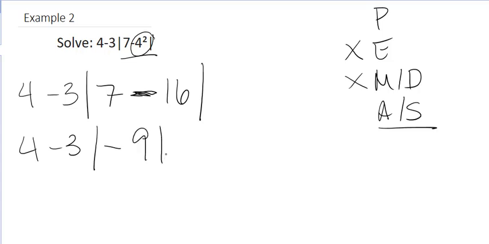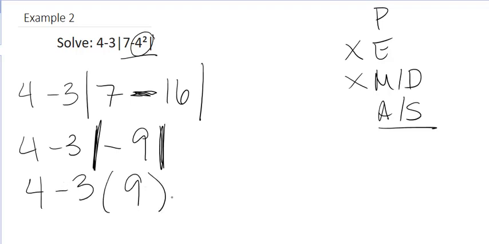But because this is an absolute value, it makes anything inside that's negative become positive. So 4 minus 3 times 9. Now we can look back at our steps of order of operations to determine what's next.